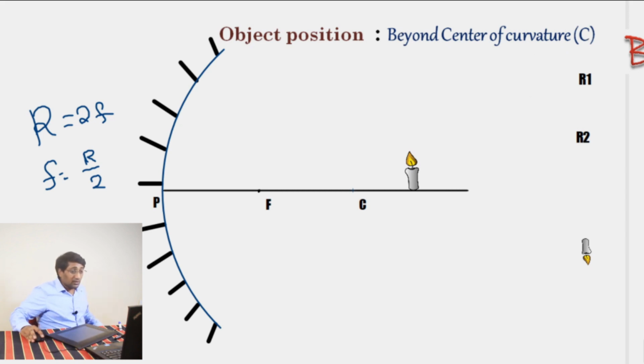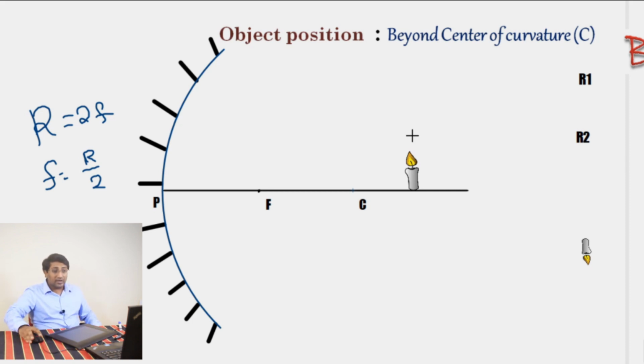So I'm picking a representative ray for ray 1. As you know, we'll have a line parallel to the principal axis. But I want you to think about something else. All the rays are coming from the object. So the object is releasing those rays, and we are using only these 3 representative rays, R1, R2 and R3.